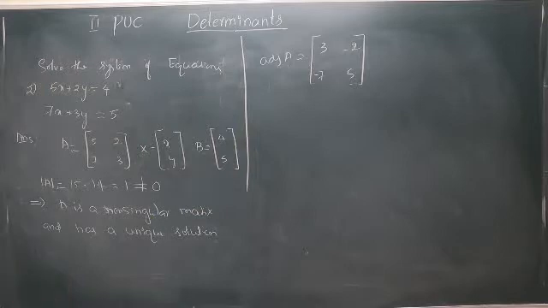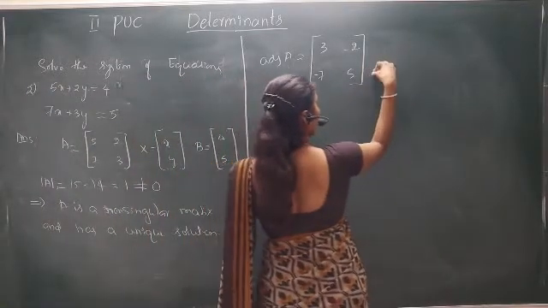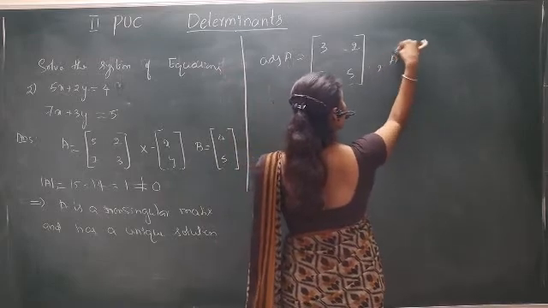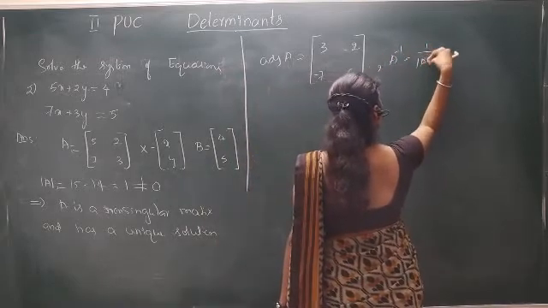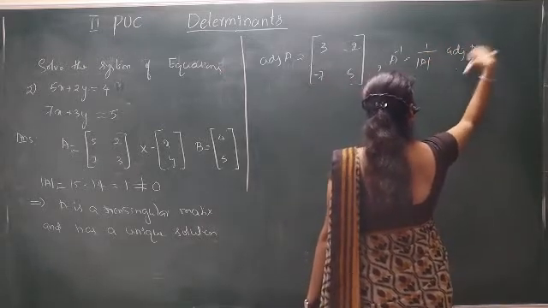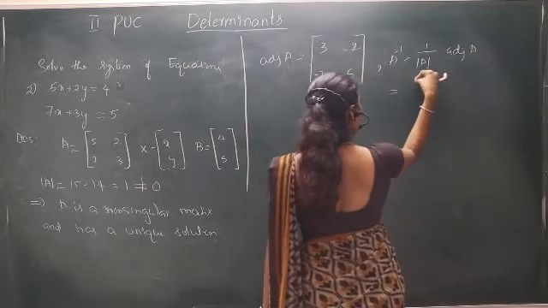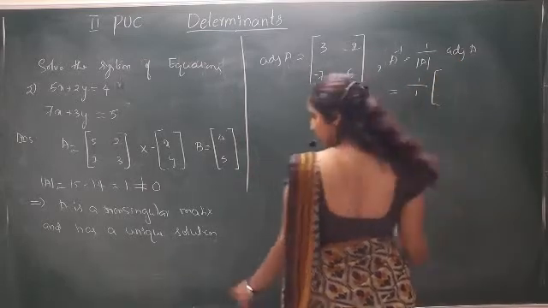After finding adjoint A, find A inverse. A inverse is equal to 1 by determinant of A into adjoint of A. This is equal to 1 by 1 into adjoint of A. The determinant we got is 1.